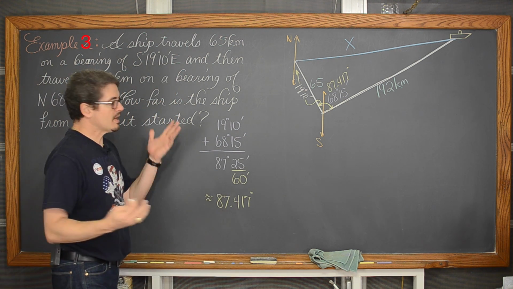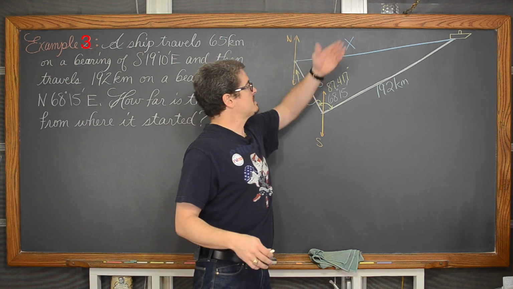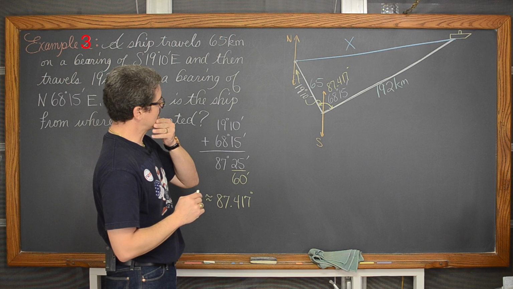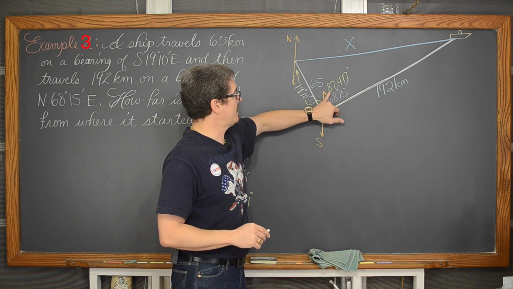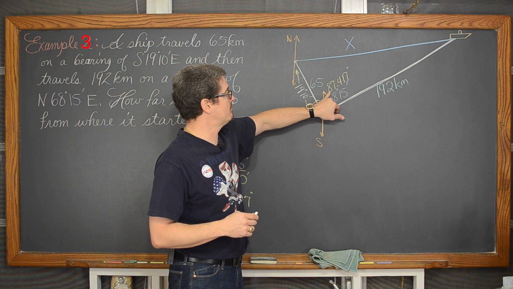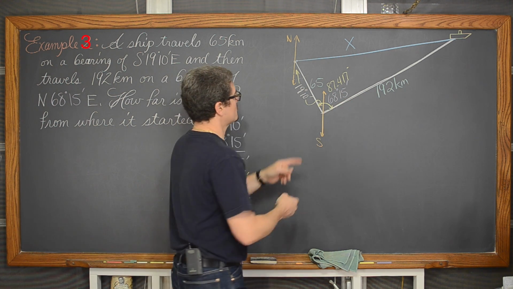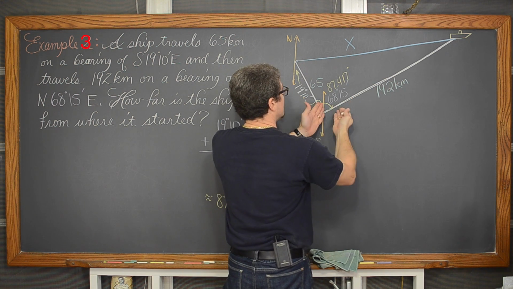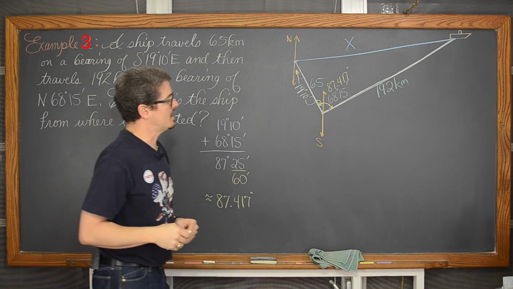Well, now it's not a right triangle, and we can't use the Pythagorean theorem to find the missing side of this triangle. So the information given, and I know it's getting a little bit sloppy here, but we have a length of 65, an inside angle of 87.417, and another side of 192. So this 87.417 degrees is in between, or included in, these two sides of 65 and 192.